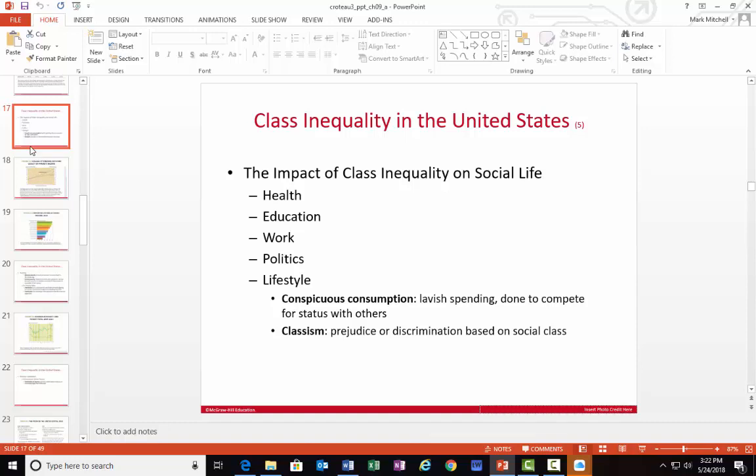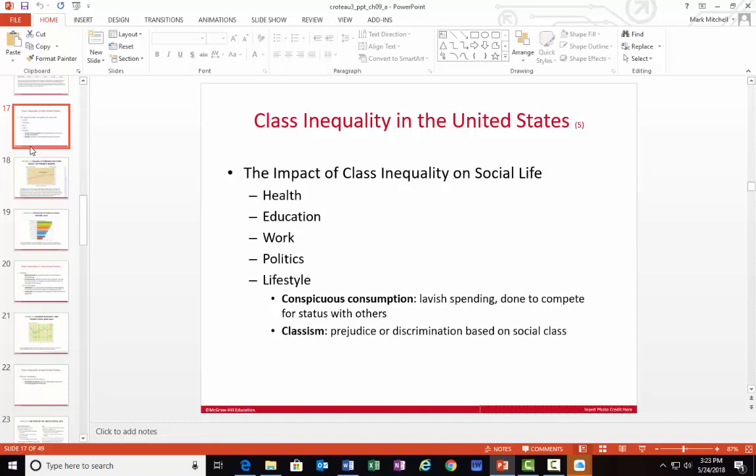All right, but a couple terms with this slide: conspicuous consumption. That is people who obviously are at the upper end of whatever social class system we have in the United States, but they have extra money to spend that really demonstrates their wealth.